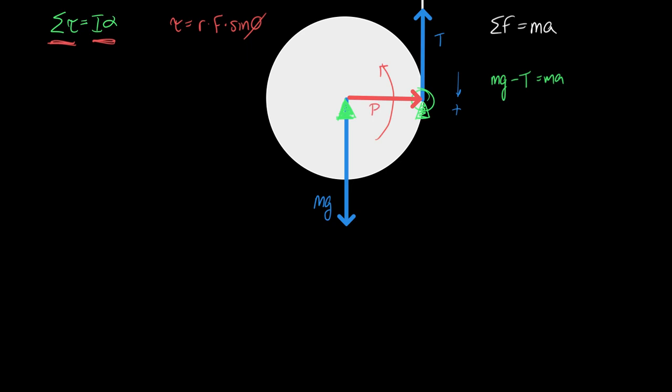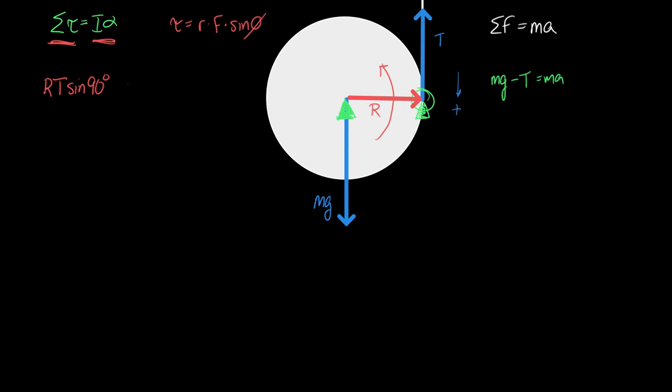So I'll make that our torque arm length. And our force is T, and that looks like a right angle to me. So I think it's R times T times the sine of 90 degrees. And that's the only torque because the weight is acting at the pivot point, and that's a torque arm length of 0. So this is our only torque.